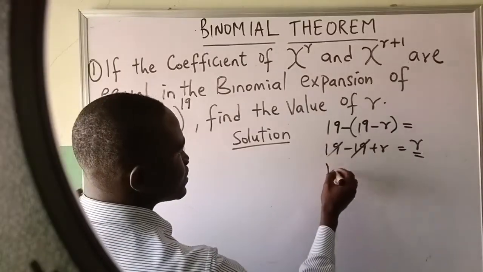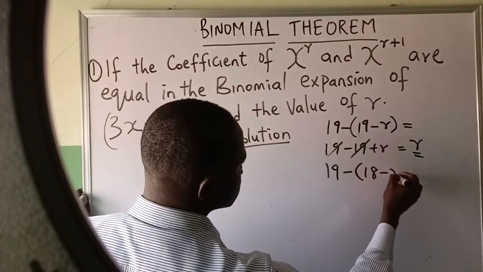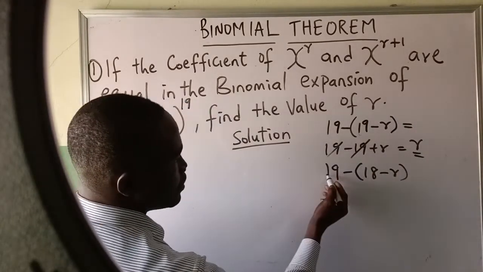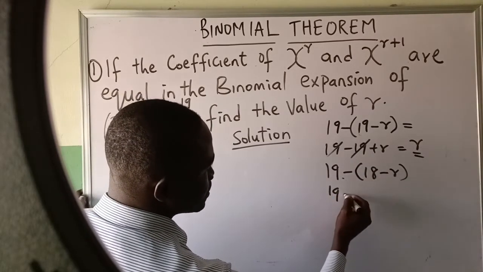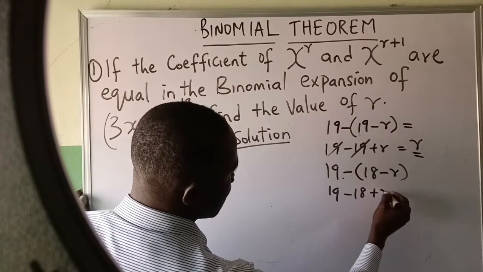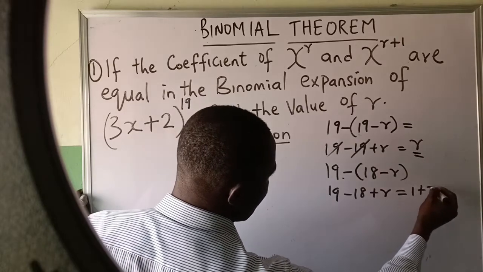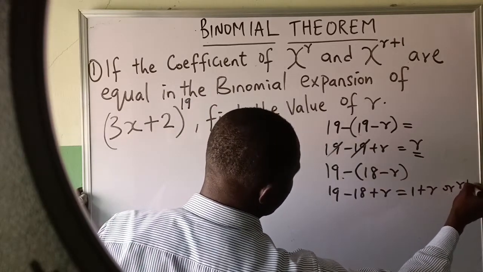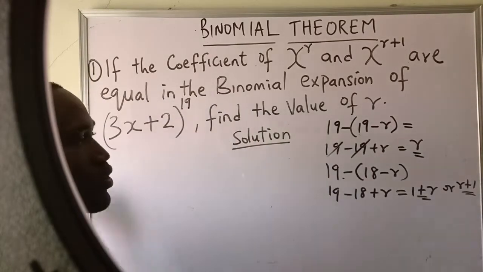Also note that 19 minus bracket 18 minus r will give you 19 minus 18, 1 plus r, or r plus 1. Any of it, they are the same.